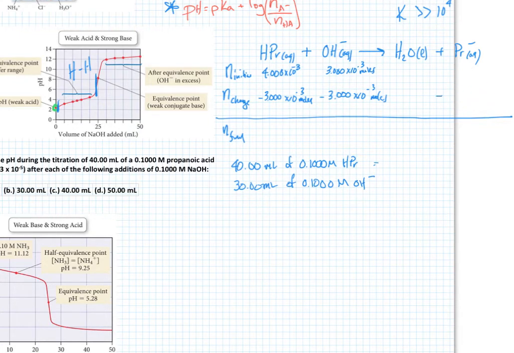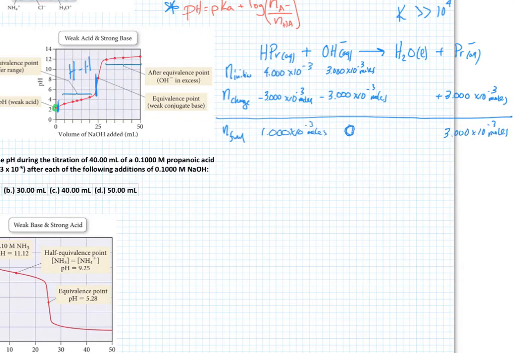So this is going to be plus 3.000 times 10 to the minus 3 moles. All right, and we're going to be left with 0 moles of OH minus. It's the limiting reagent. We're going to end up with 1.000 times 10 to the minus 3 moles of the HPr, and we are going to have 3.000 times 10 to the minus 3 moles of the propionate ion.